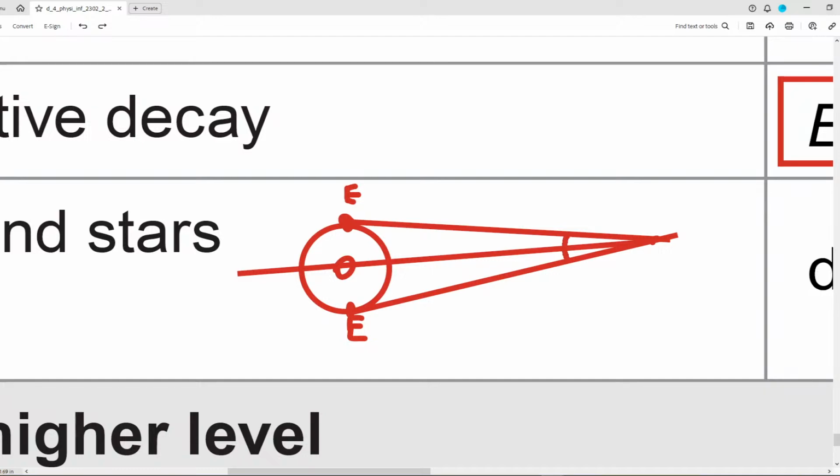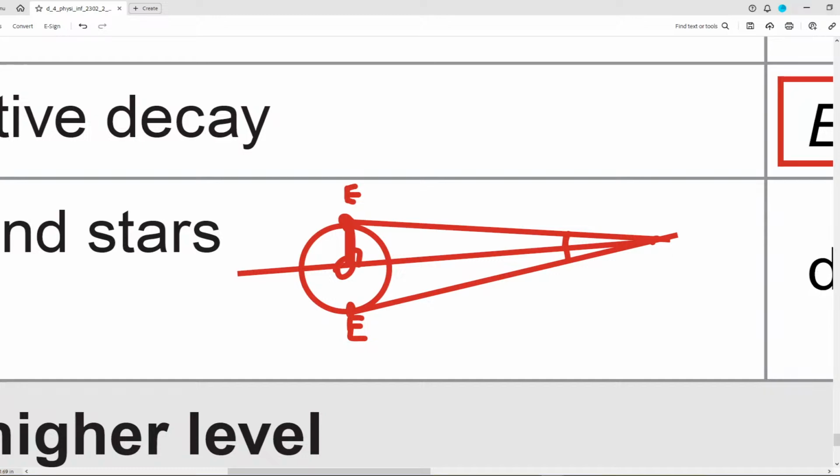From winter to summer, where the star appears in the sky changes by this small angle. If we take that angle divided by 2 and measure the distance from here to here, which are perpendicular to each other, we can use trigonometry to figure out R, because this we know and this angle we know.